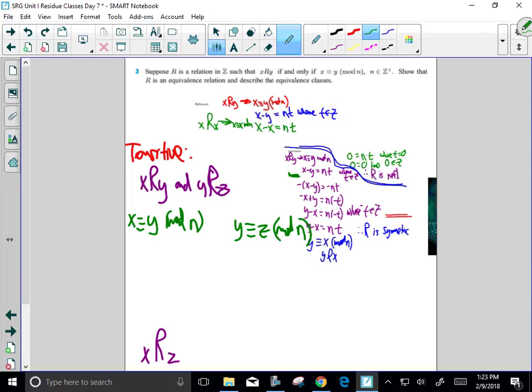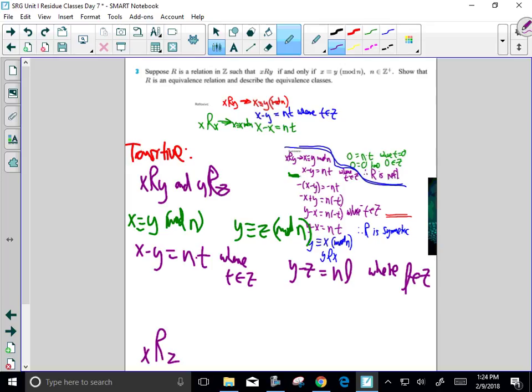Okay, then the equation that you have is x minus y equals n times t, where t is an element of what? Integers, yep. And then y minus z is equal to n times l, where l is an element of the integers.